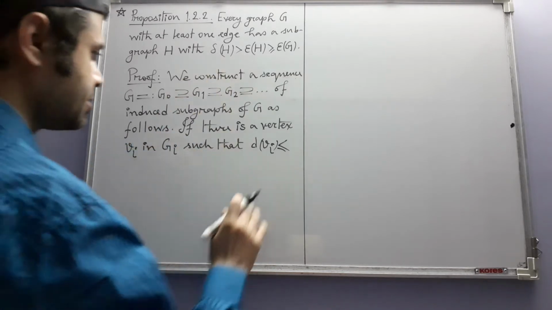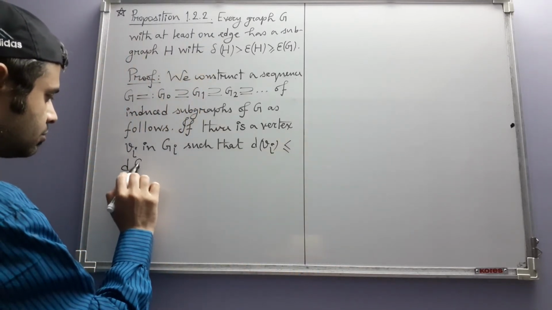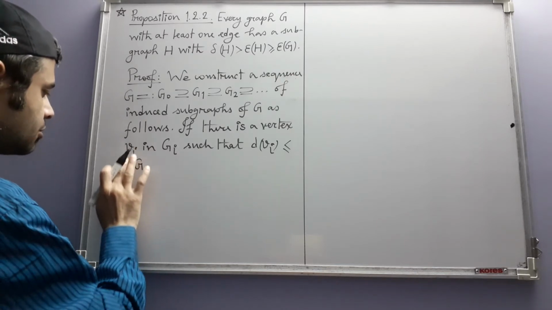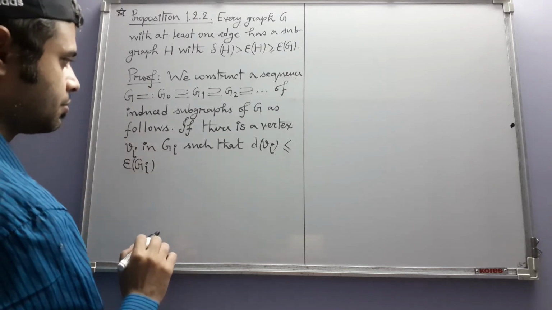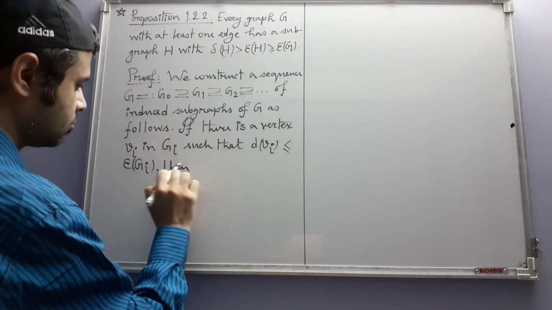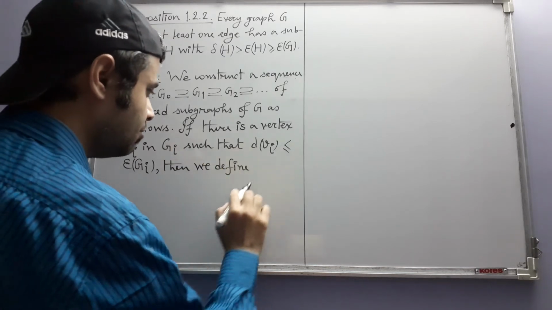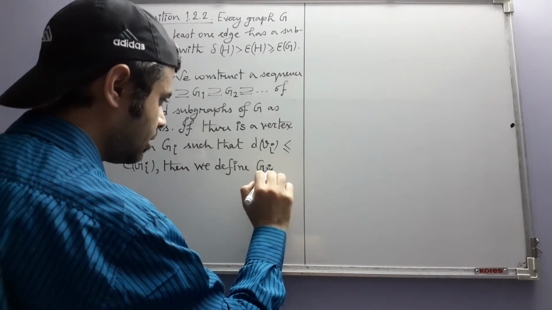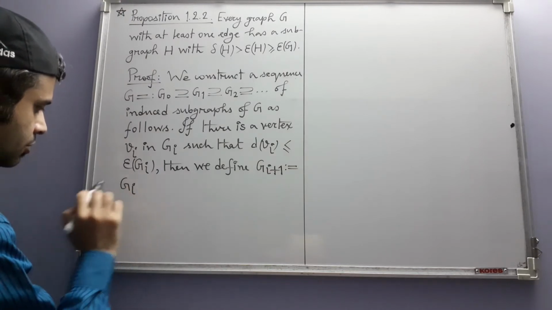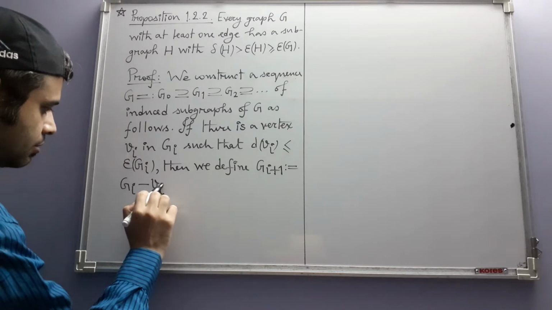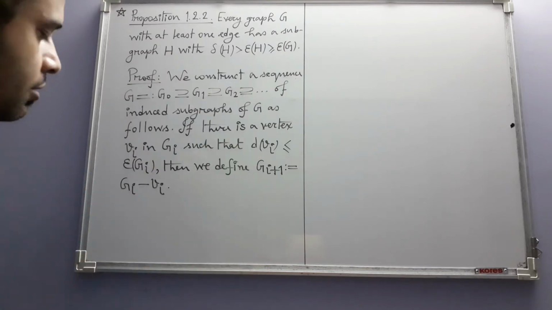Since we want this, okay, so less than or equal to the degree of, sorry, it's not degree, the average degree of Gi, then we define Gi plus 1, the next graph in the sequence, to be the graph obtained from Gi by removing the vertex Vi, and along with that, of course, all the edges incident on that vertex.